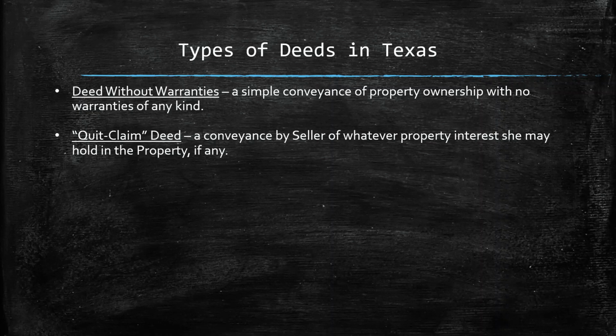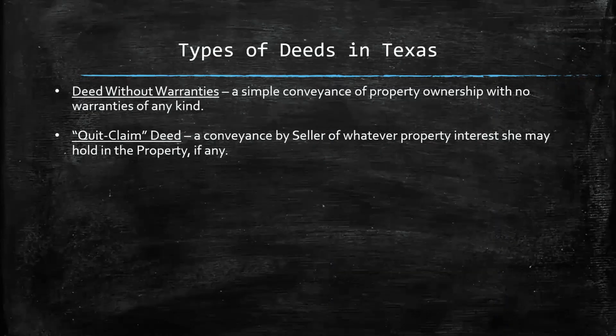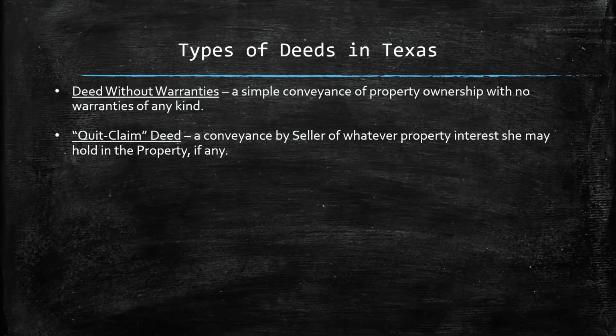These are not very well looked upon by title companies. They don't like quitclaim deeds because oftentimes these don't get recorded. But what the seller is saying essentially is, I do not know if I own anything at all in this property, but whatever I do own, if there is anything, I give to you.